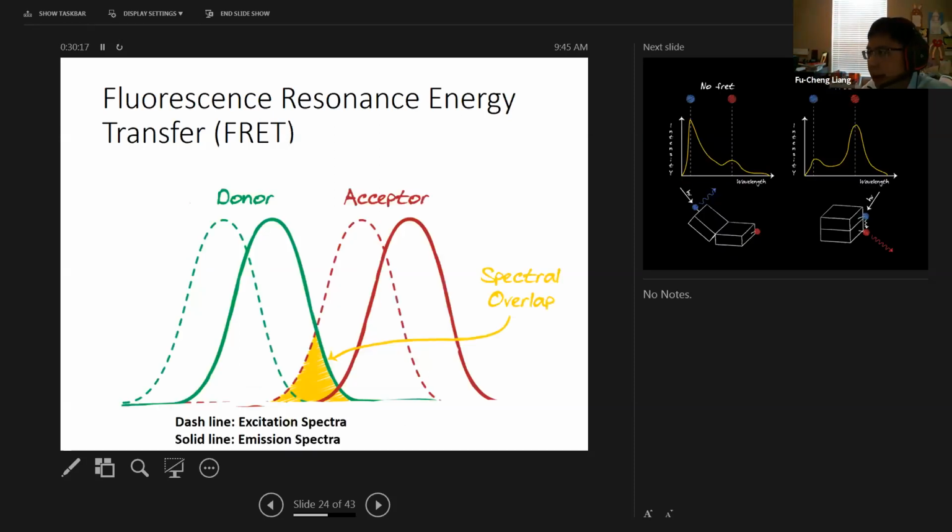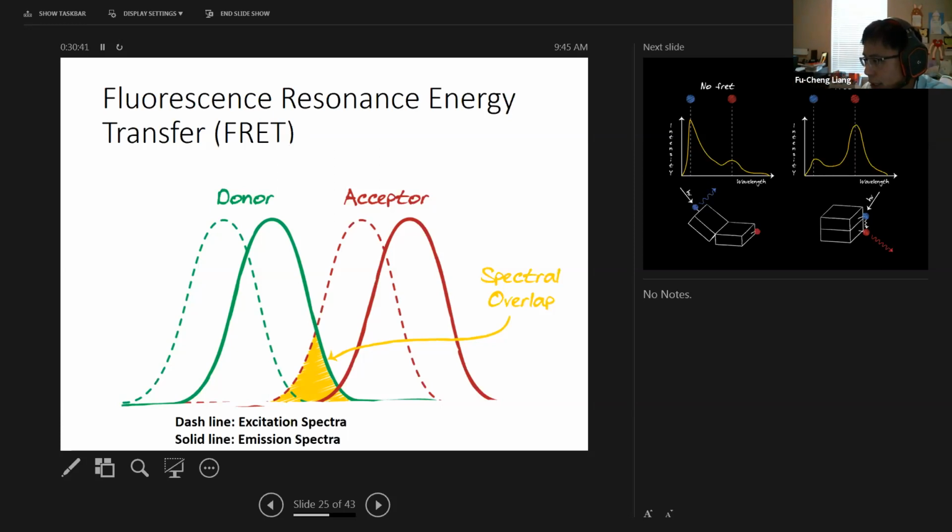All right, so the other phenomenon you can see here is, if I have two dyes, again, I'm talking about FRET, and these two dyes are in close distance, as you may imagine, they are undergoing FRET transfer. So for the donor dye, the solid line is the emission spectrum, the dashed line is the excitation spectrum; they form a mirror image as we were talking about before.